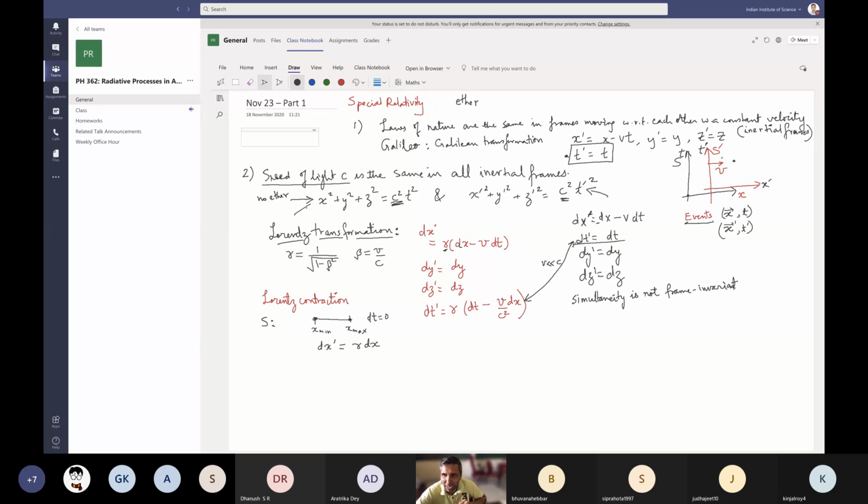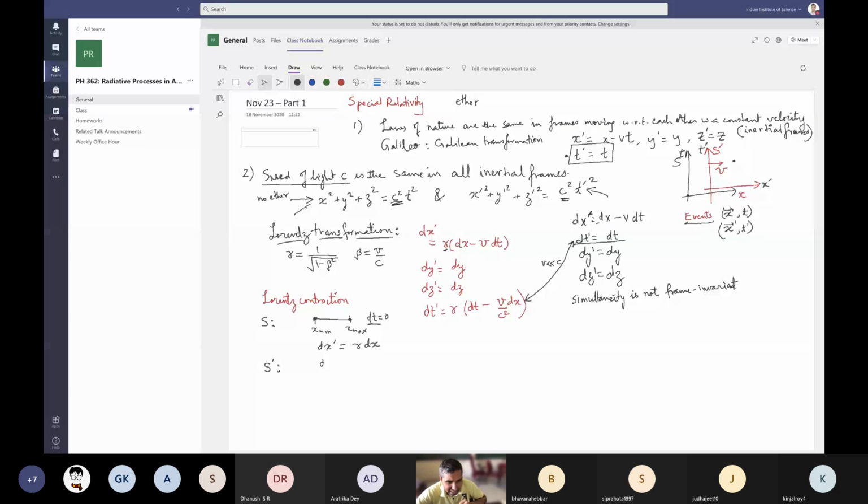In my frame S prime, in which you are moving relative to frame S, where the length was measured at the same time with dt equal to 0, dx prime is this. So when you are measuring the length in frame S prime, how do you measure it?